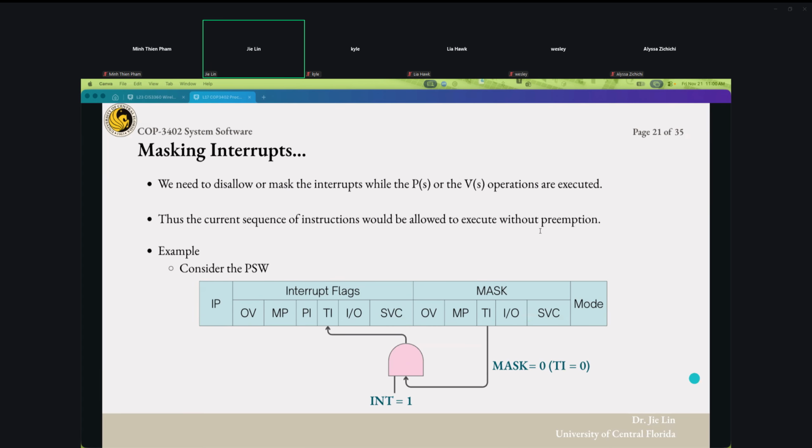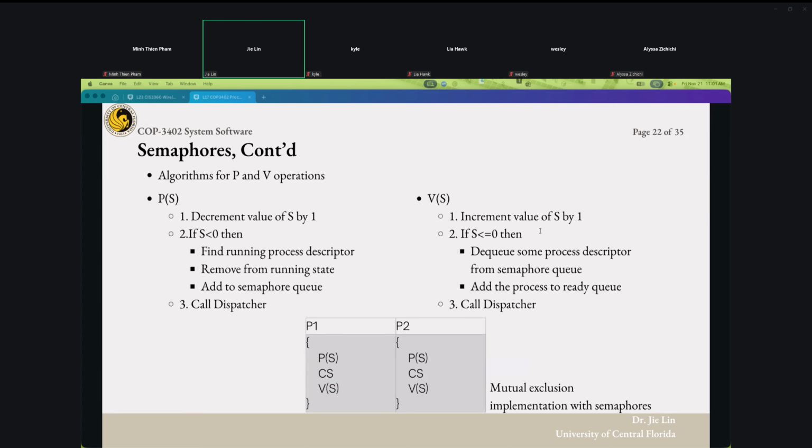For instance, we set the mask equal to 0 for the timer interrupt, TI, and it means the interrupt is currently blocked or masked. Therefore, the CPU executes semaphore operations without preemption, preserving the atomicity needed for managing concurrency safely.